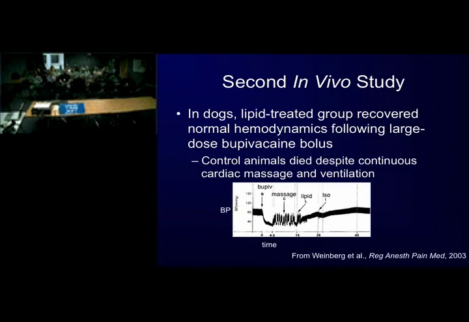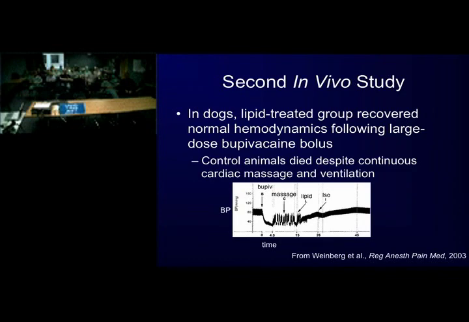They were then given manual cardiac massage, which generates some pressure, and they were given lipid after that. You could see blood pressure return to the point where it was sustained. Because these dogs restored their hemodynamics, just to make sure they were still anesthetized, they turned on isoflurane again before they euthanized the animal. But you can see that with lipid resuscitation, the blood pressure stayed pretty much at its baseline.